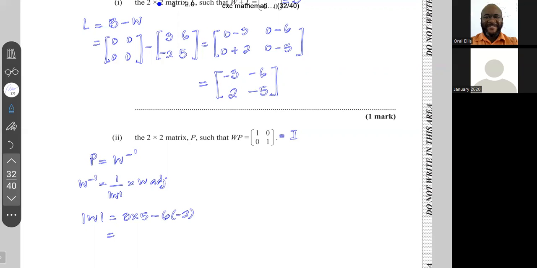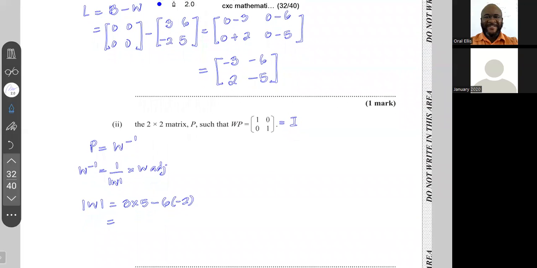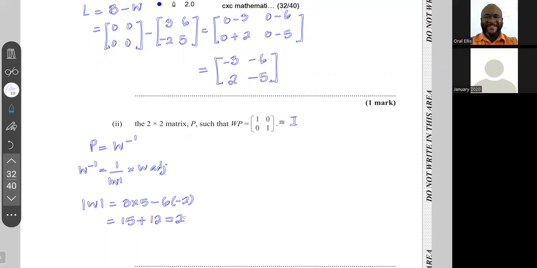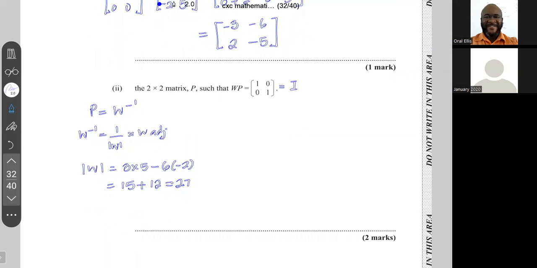So this becomes 15, minus is plus, 6 twos are 12. This is 27. And so W inverse, which is P, is equal to 1 over 27 times W adjoint.